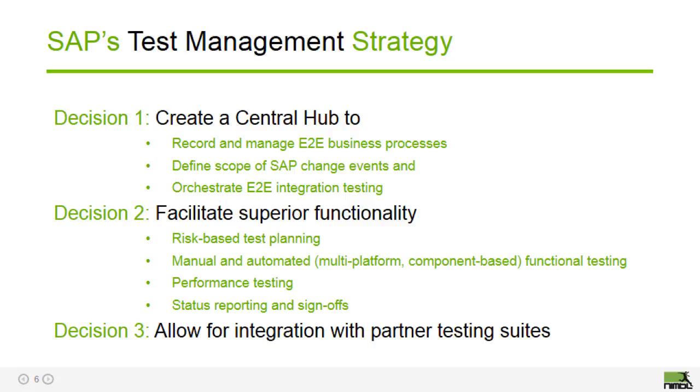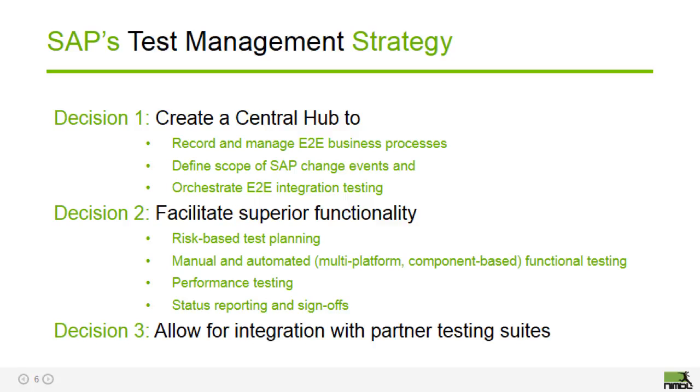So if it interfaces from SAP into a .NET application, you can capture the business process and the process steps that happen within that .NET application also. You can define the scope of change events. So when you receive an enhancement pack or a support pack from SAP, you can analyze and figure out what is the impact to your business processes. And that way you're able to orchestrate end-to-end integration testing. So that was the first decision: create a central hub to record and manage your end-to-end business processes.